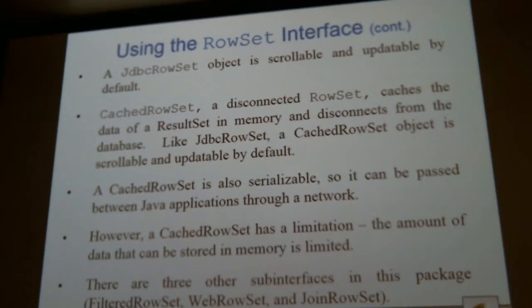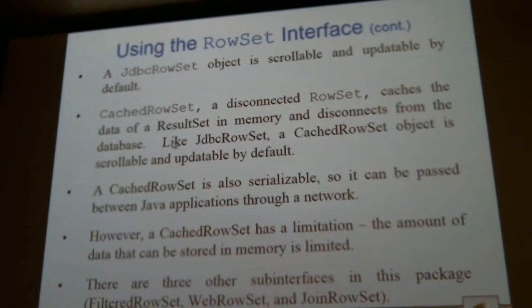I'm going to do it in a third site. So now I have to bring across two pieces of data from two remote sites, and I only want to bring in what's going to join. I don't want to bring in extraneous data that just ties up too much network traffic. I just want to bring things that I actually need. And that's where the join row set comes into play.